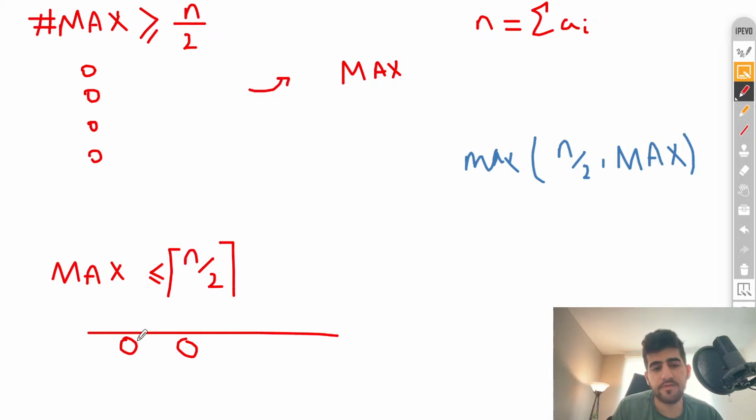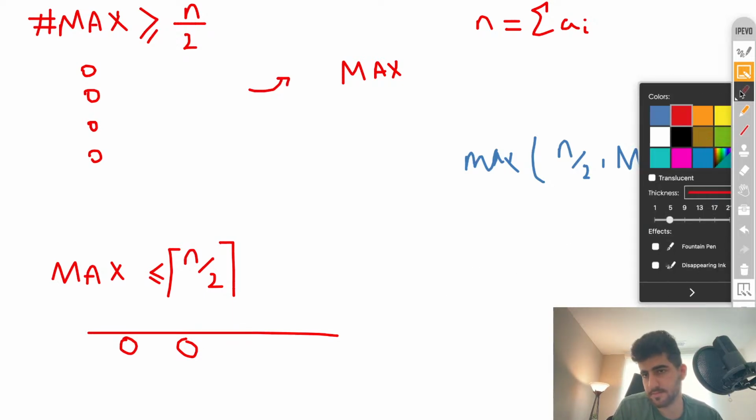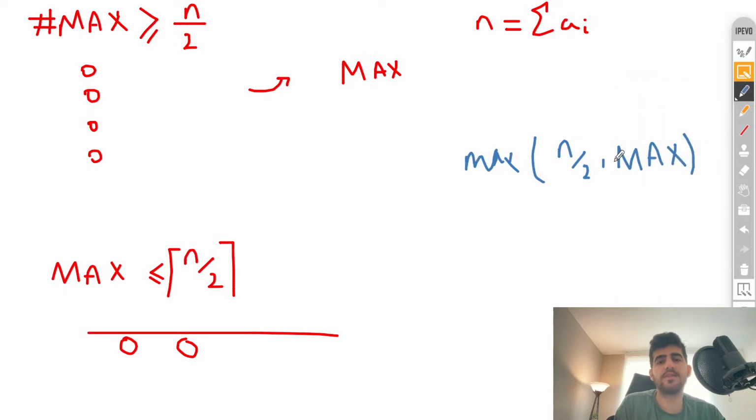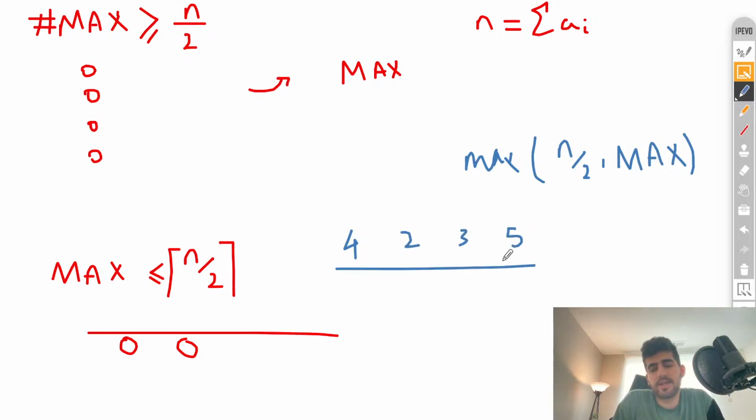You know that none of the numbers are greater than n half. If you match one of the balls from here and one of the balls from here, for example, assume that your numbers are like this: your A1 is 4, your A2 is, for example, 2, 3, and 5. Then all the numbers are less than or equal to n half.